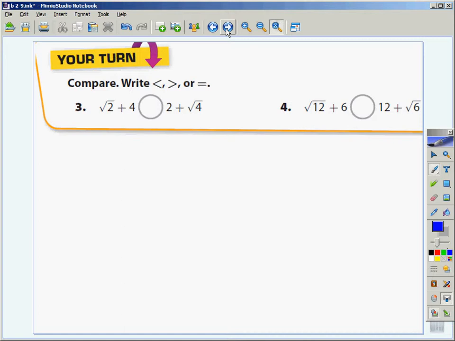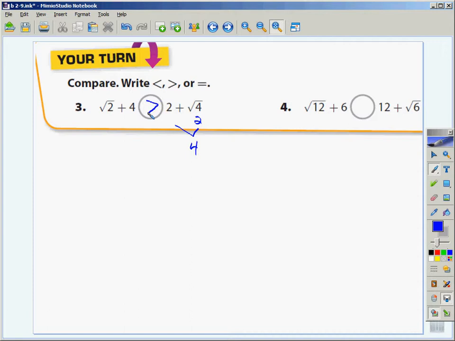So on this side, this actually is easy to calculate. That's a total of what? 4. In this particular case, do I even need to approximate what the square root of 2 is? Because if I take 4 and add something to it, what just happened? This side got bigger than this side.